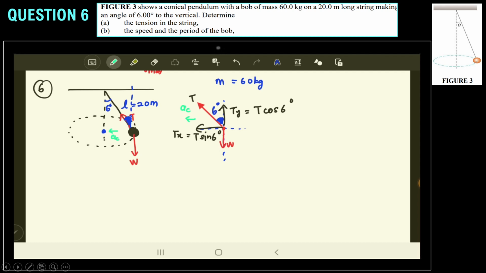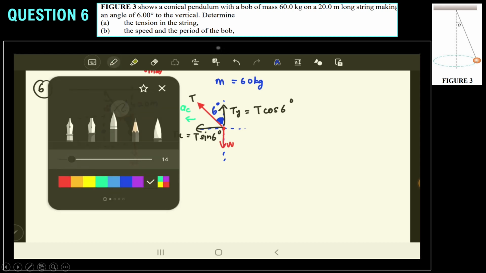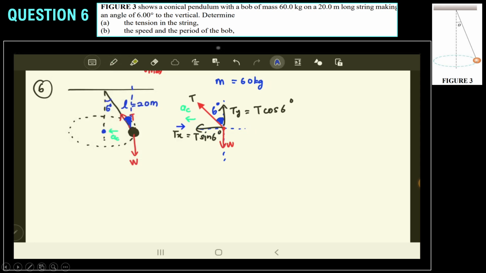Now let's write: total Fx is equal to m a_c and total Fy is equal to 0. This is the X component. The centripetal acceleration is to the left, so total Fx is equal to m a_c, but total Fy is equal to 0.